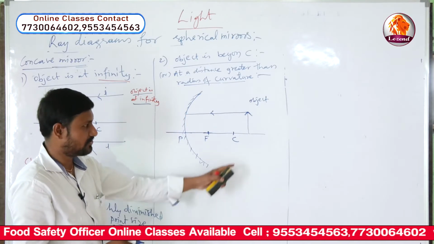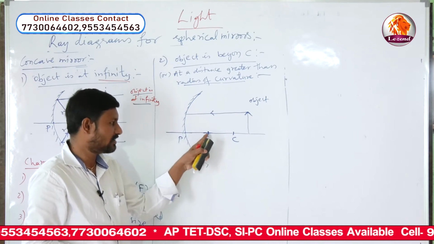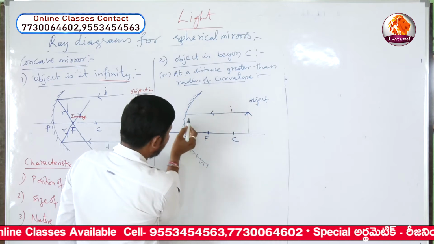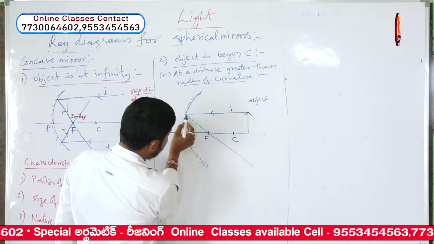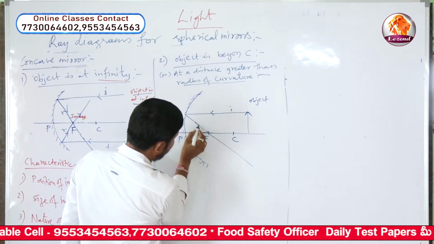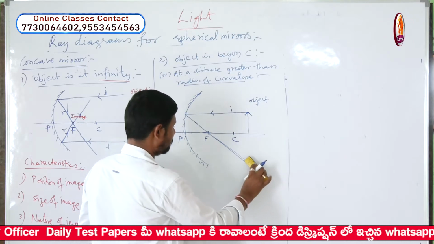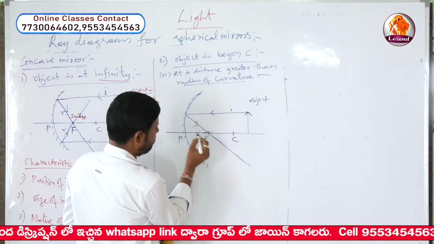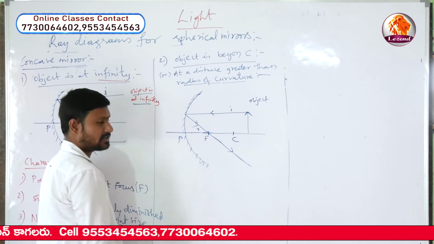The first rule I said: any light ray parallel to the principal axis, after reflection from the concave mirror, passes through its focus. So this is the incident ray and the reflected ray will be like this. This is the incident ray, this is the reflected ray.